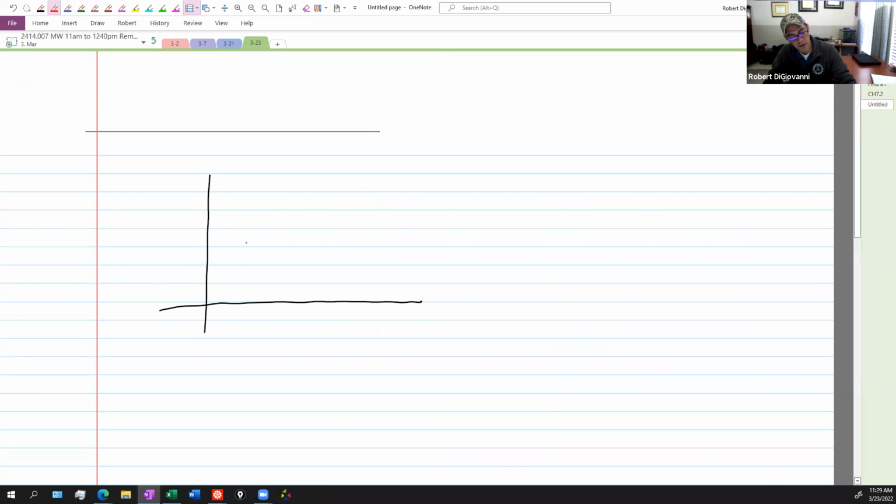Let's say we have some function on top, f, and some other function on the bottom, g, and we're going to start at a and end right here at b. And we're going to take this region and rotate it around the x-axis.